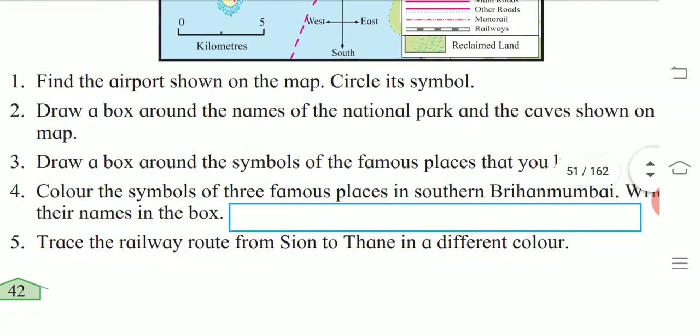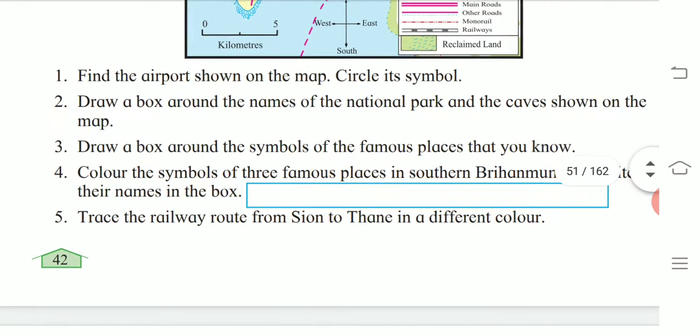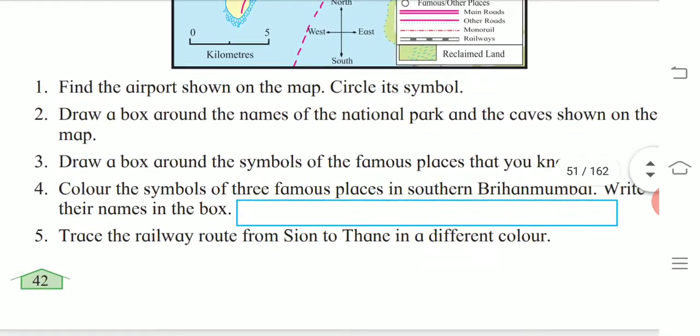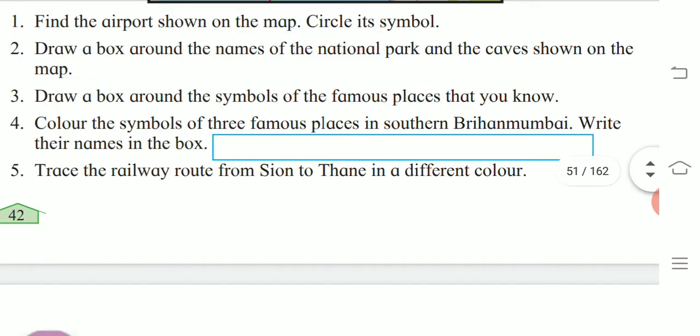As we have observed the map, let's see what the questions are. The questions are like, find the airport shown on the map. Circle its symbol. Draw a box around the names of the national park and the caves shown on the map.